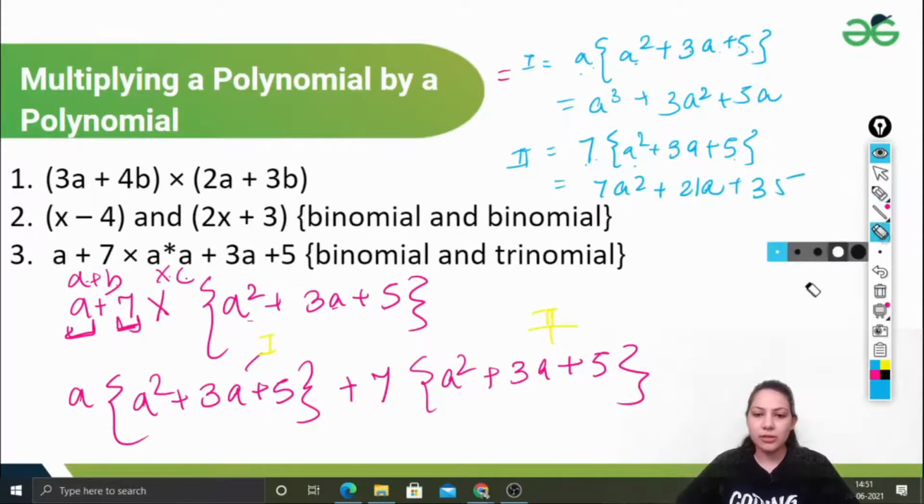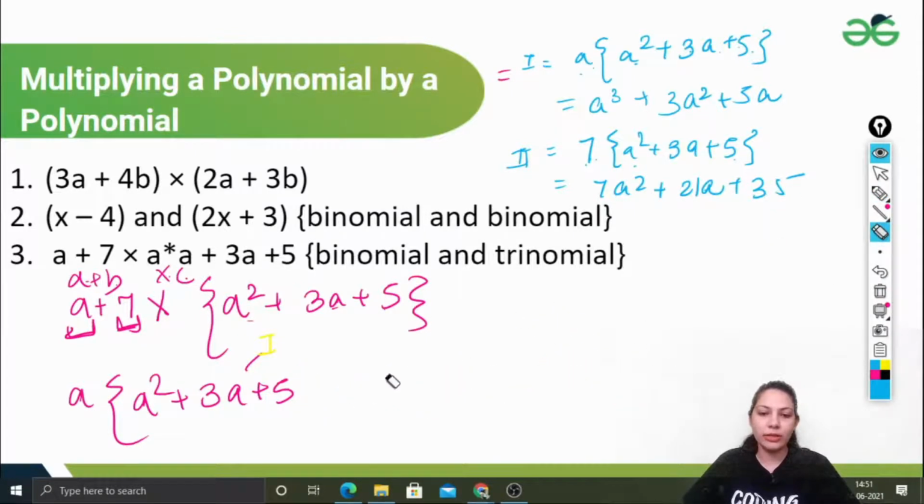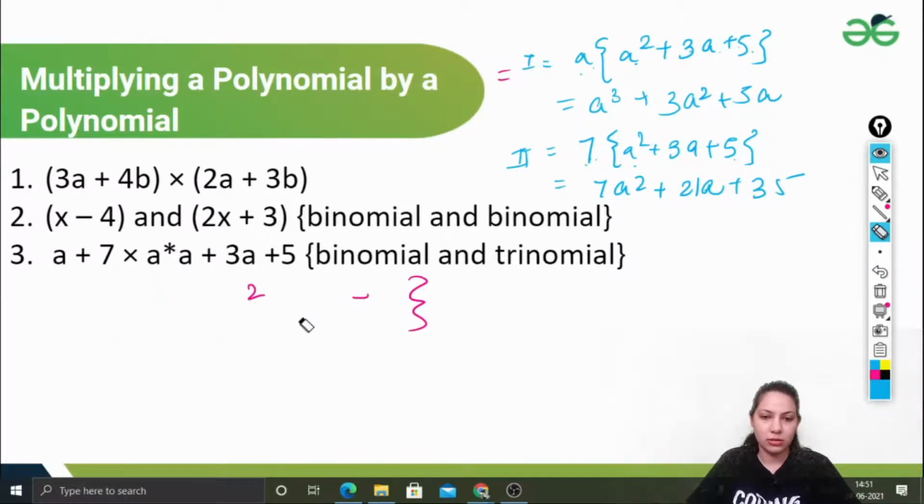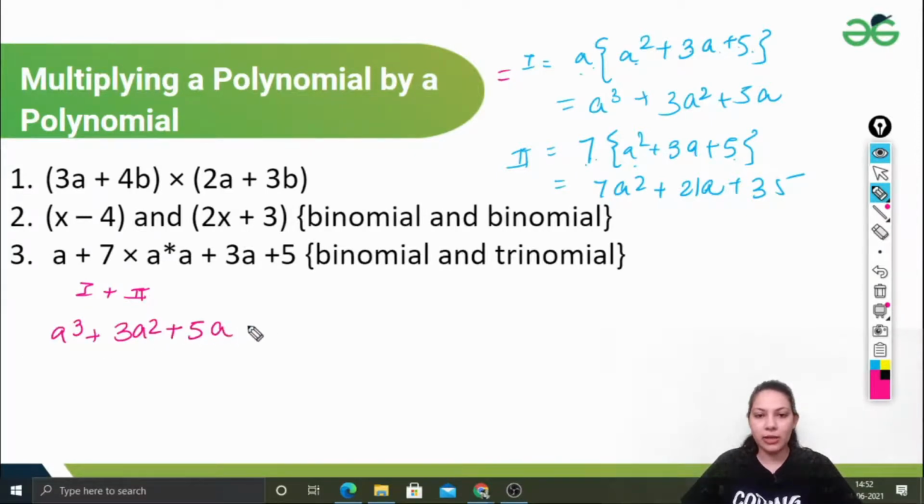Let us merge this whole thing over here. Let me write here first part plus second part. So it will be a cube plus 3a square plus 5a plus 7a square plus 21a plus 35. Let us see if there are like terms.